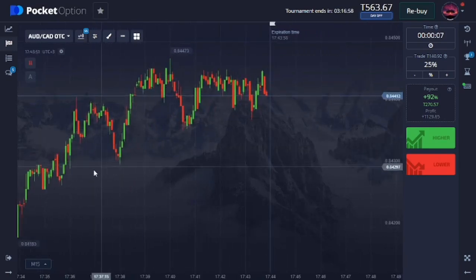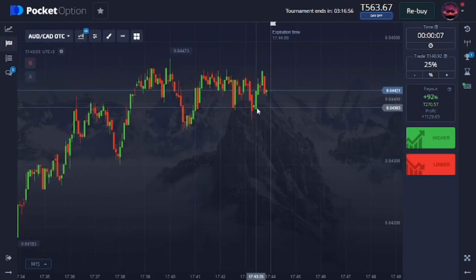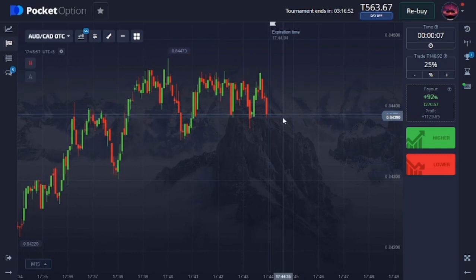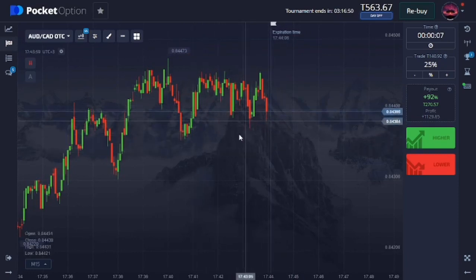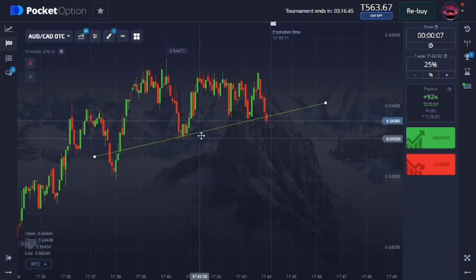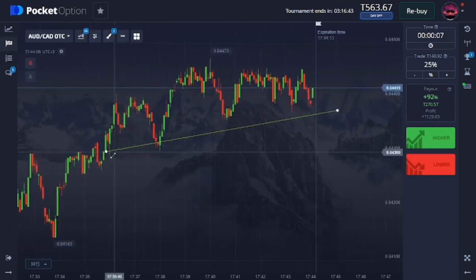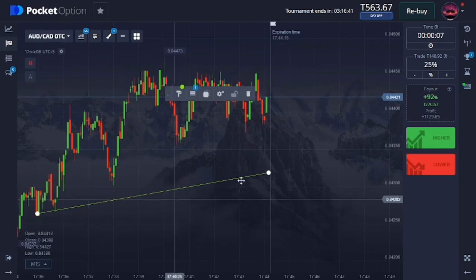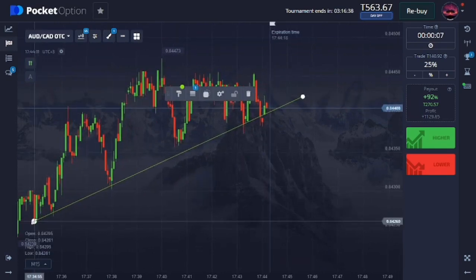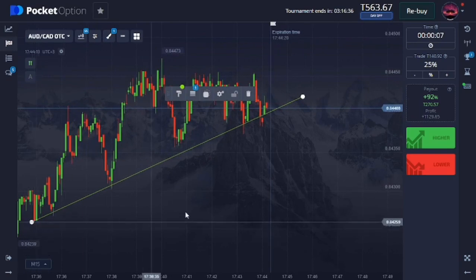Okay, the trend line is still in action, still supporting the price to the upside. I can visualize it for you. I can draw it right here. You start from here and then you put it there. That's how it is done.